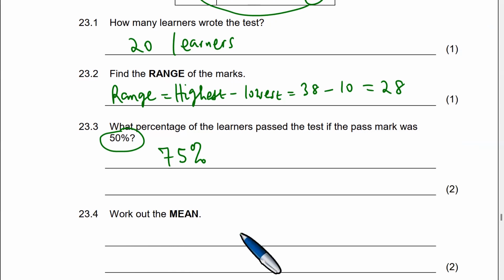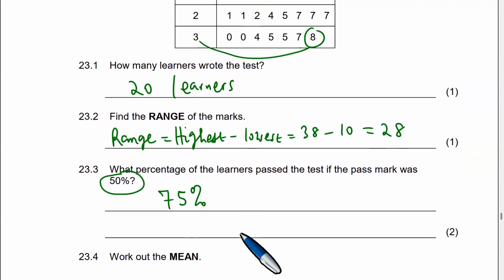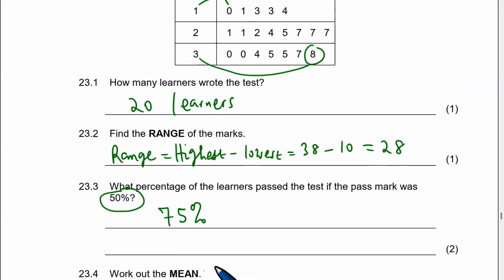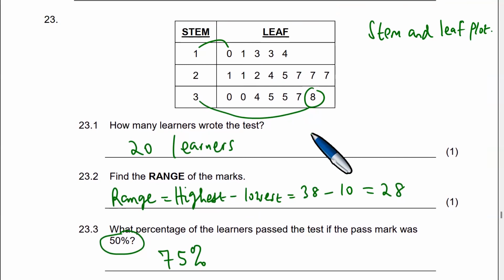Work out the mean of the marks. What is the mean of these marks? How do you get the mean? Don't we add up all the values and divide by the amount of numbers there are in the set? And there are 20.